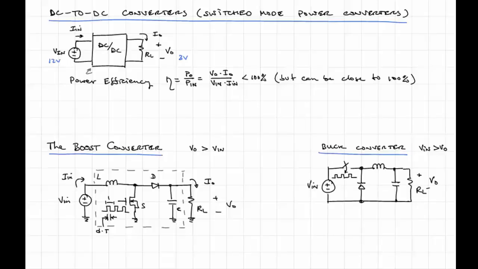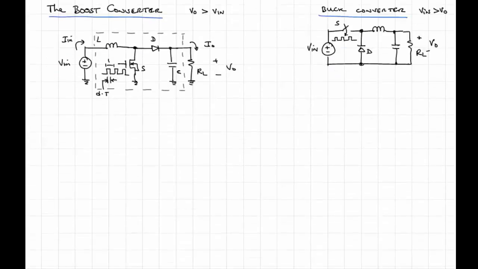In fact, it has all the same elements, they're just rearranged. The inductor and diode have been swapped, and then after that the diode and the switch have been swapped. So we're going to just talk about the boost converter today.